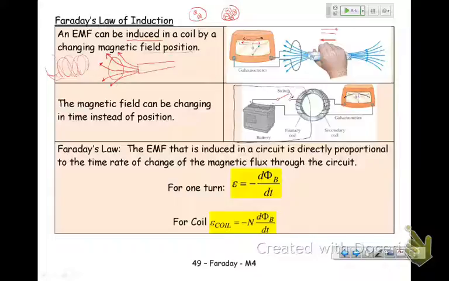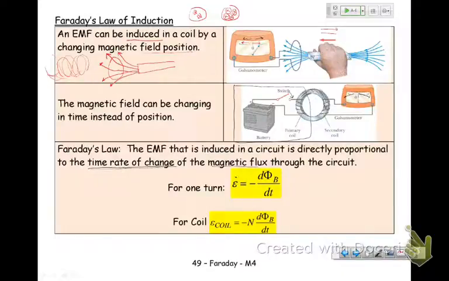So when I've played around with this, we get to Faraday's law. Faraday's law says that the EMF that is induced in a circuit is directly proportional to the time rate of change of the magnetic flux. That's d phi by dt.